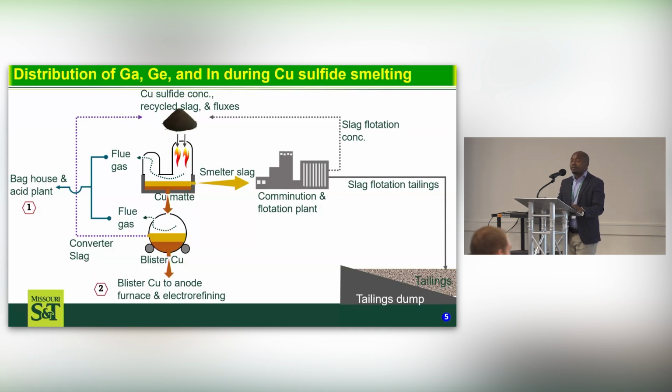Secondly, they can go to the anode, cast in the copper anode. And the last one, they can report and be lost to the slag flotation tailings. So this is why we got our sample, and my presentation is about the recovery of critical elements and valuable elements from the slag tails.